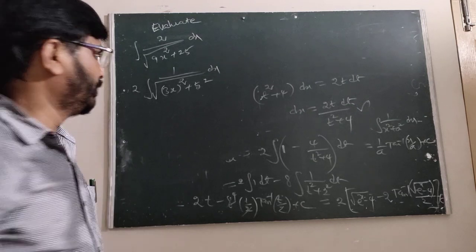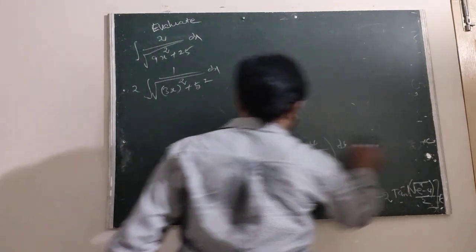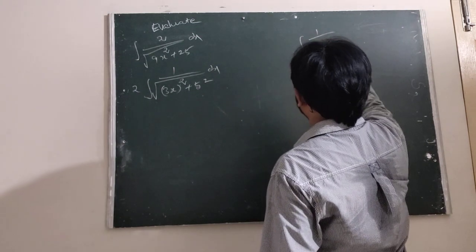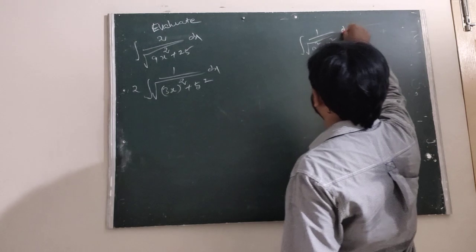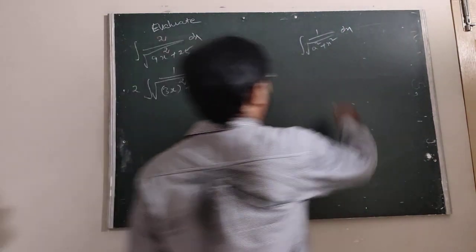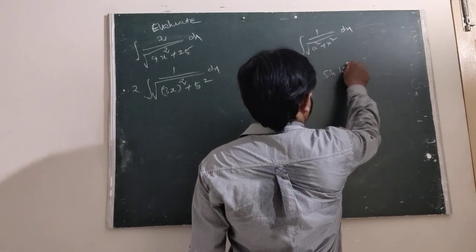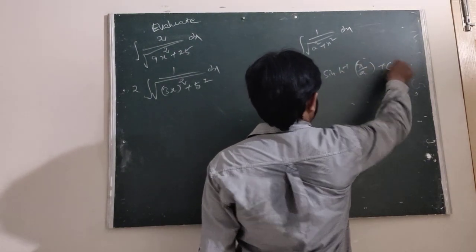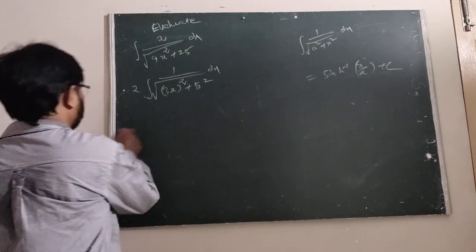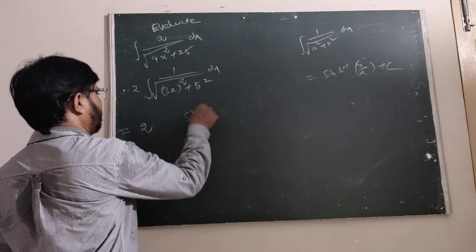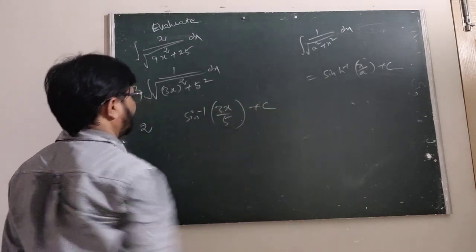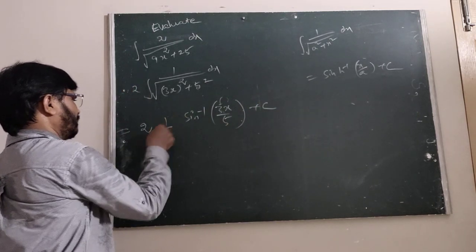Here we know that integral 1 upon under root a square plus x square dx is sin h inverse of x by a plus c. Now here, 2 into sin h inverse of 3x by 5 plus c. We can write also the coefficient of x is here 1 by 3.